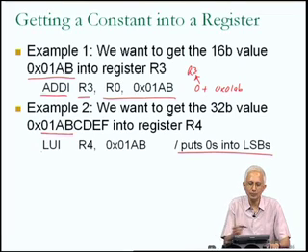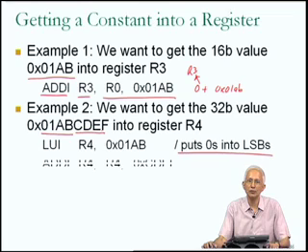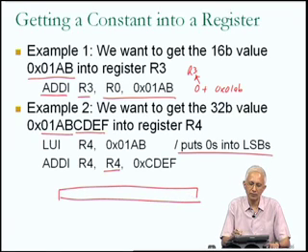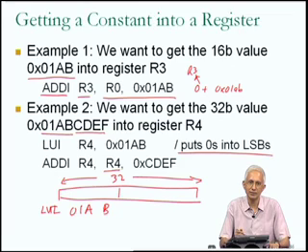So all that remains to be done is to get C, D, E, F into the least significant bits of R4, which I can do using an add instruction. So I add to R4, which already contains in its most significant bits 0, 1, A, B. The way to look at this is, of my 32-bit register, after executing the load immediate, I have 0, 1, A, B in the most significant bits and zeros in the least significant bits.